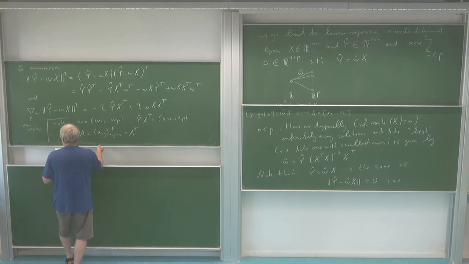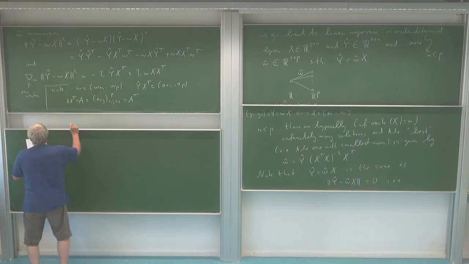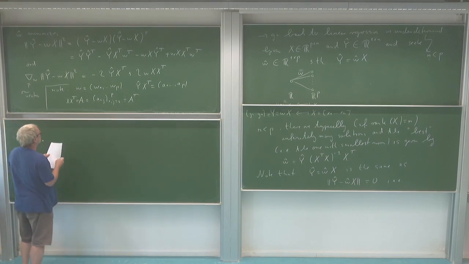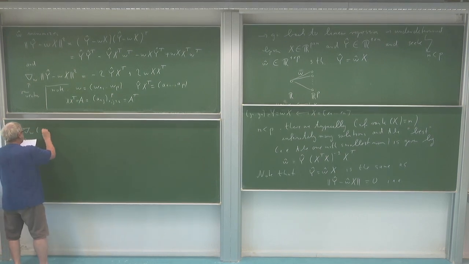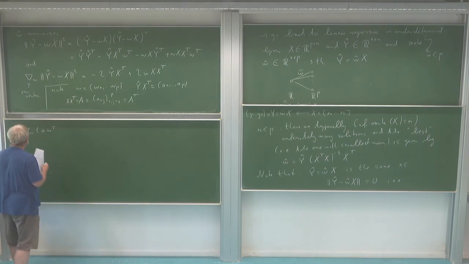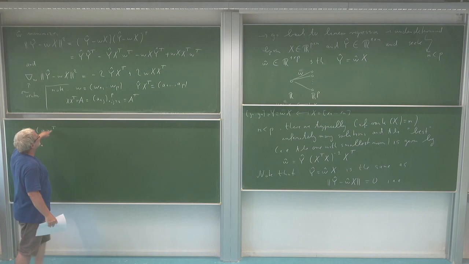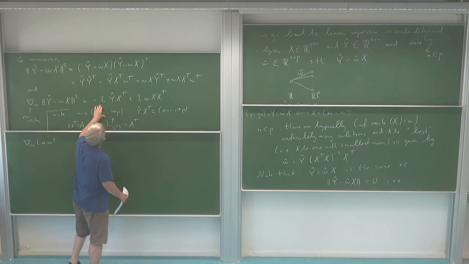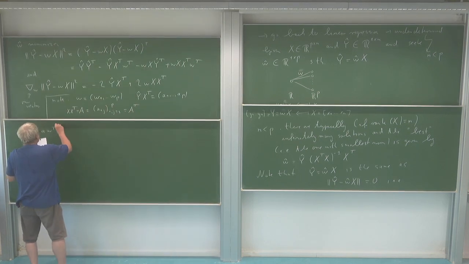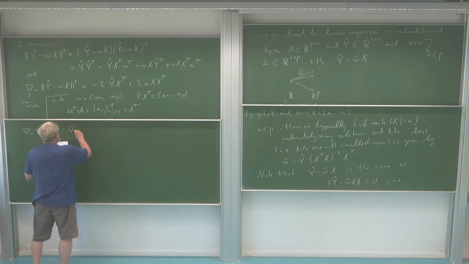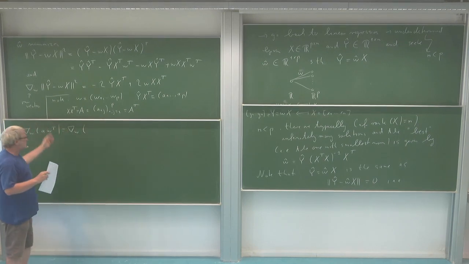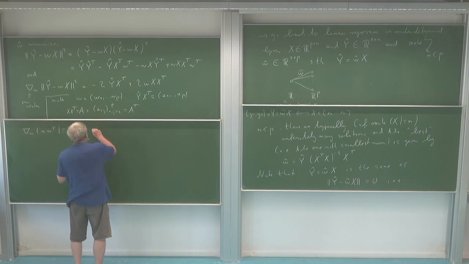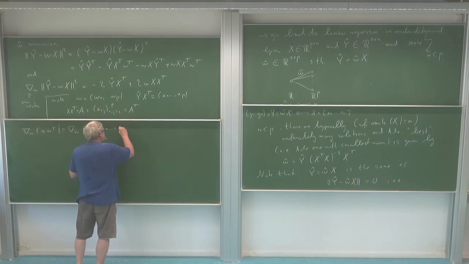Good, but now let me see with these notations what I get. Let us first calculate the gradient of A w transpose. This is this term here, where the A is now just this vector. So this is the gradient with respect to w of the inner product between A and w, which is just a1 w1 plus and so on up to ap wp.